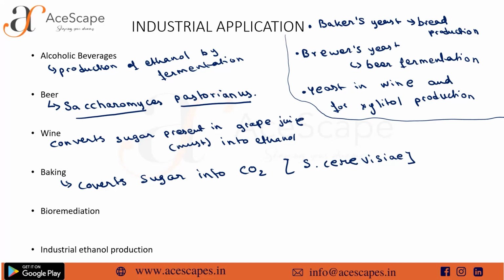And this is common in bioremediation. What is bioremediation? We use living organisms for the removal of toxins, pollutants or contaminants. With the help of living organisms, we do that. This is bioremediation. Some yeast have the potential for it.